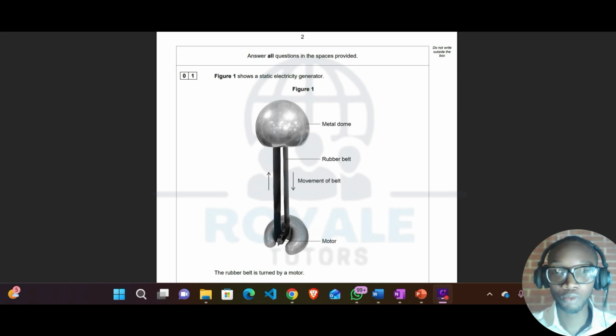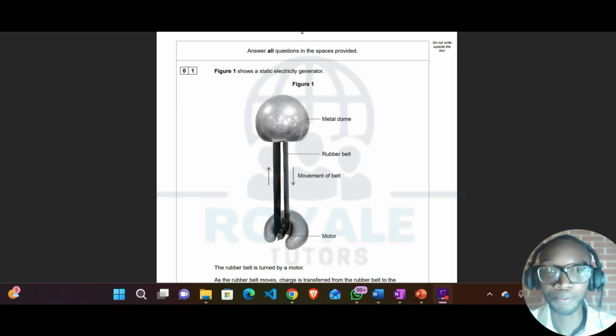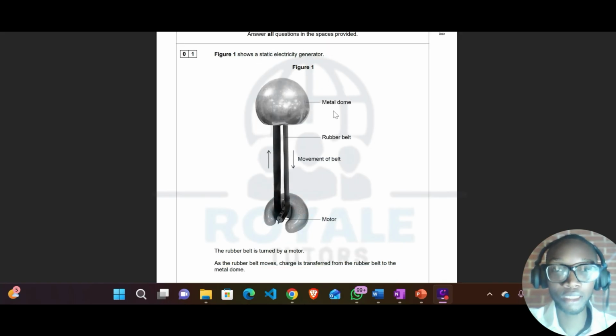Now we would start with question one. Question one says, Figure 1 shows a static electricity generator. So this is a static electricity generator.